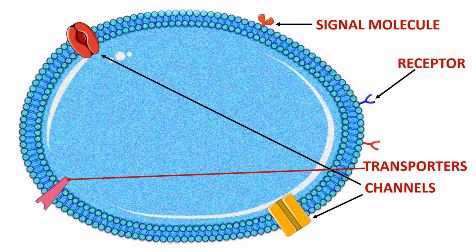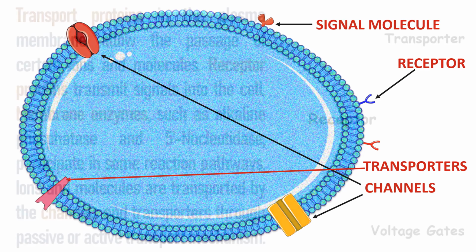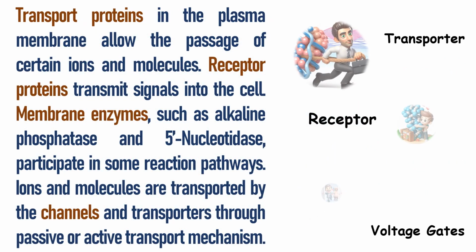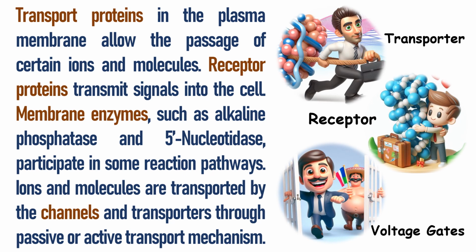The plasma membrane has different macromolecules embedded in it, and these have various functions. These molecules may include receptors, signal molecules, ion channels, transport proteins, enzymes, etc. Transport proteins in the plasma membrane allow the passage of certain ions and molecules. Receptor proteins transmit signals into the cell. Membrane enzymes, such as alkaline phosphatase and 5' nucleotidase, participate in some reaction pathways.